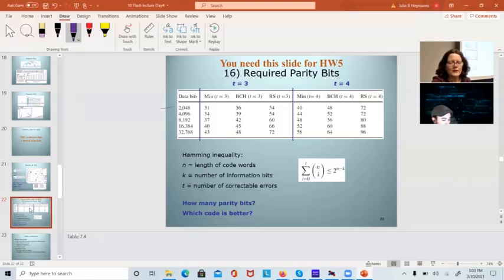When I say 2048 data bits, that's 2 to the 11th, so that's 11 bits of data, basically. And what is it going to take to correct for that? Get out the book, read it.